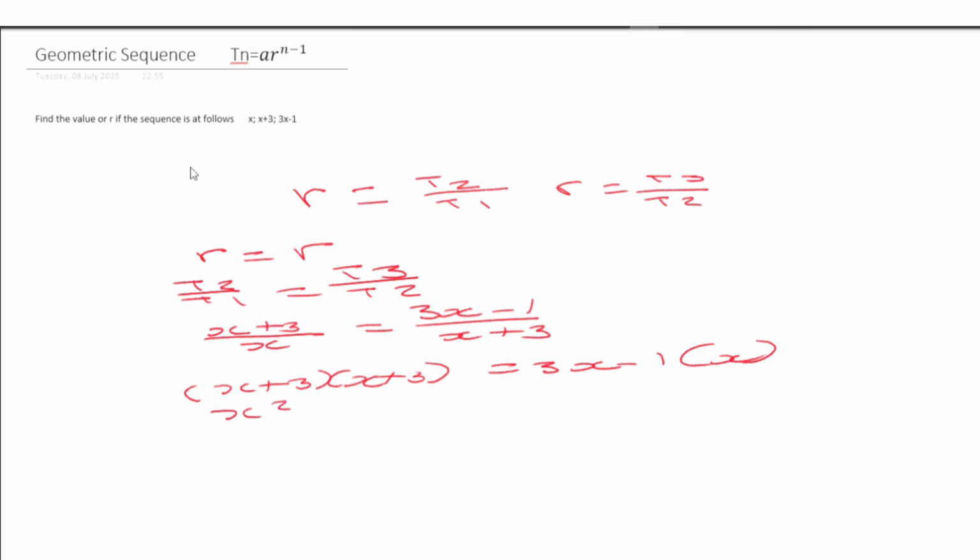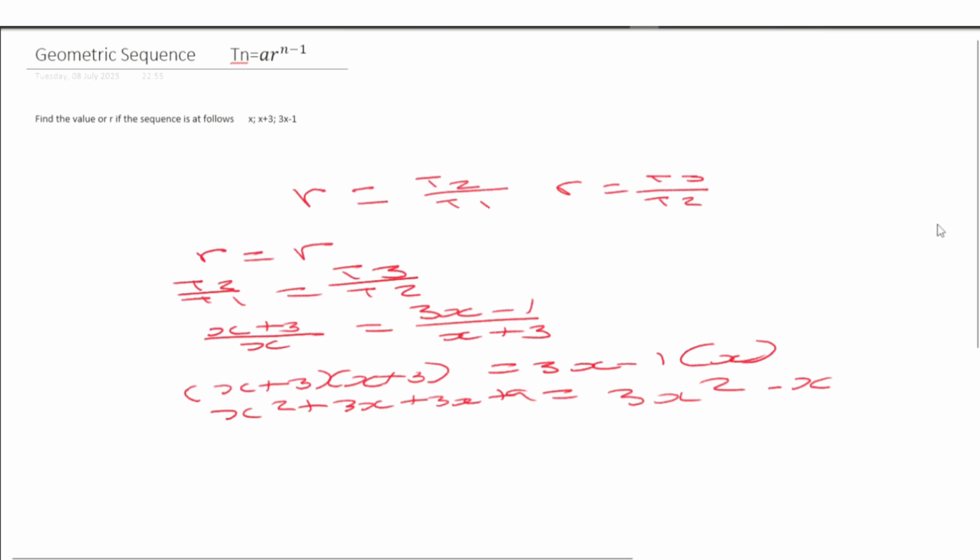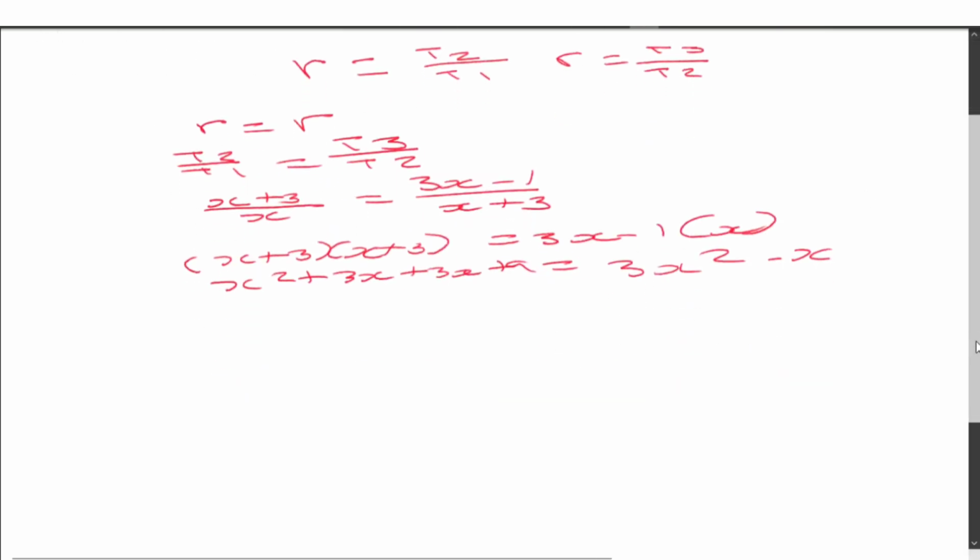We're going to have x squared plus 3x plus 3x plus 9 is equal to 3x squared minus x. Okay, now I'm going to tidy this all up.